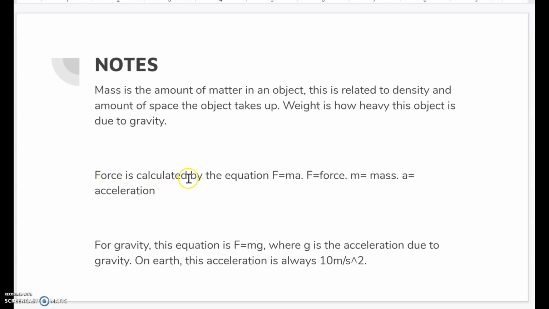Force is calculated by the equation F equals ma, F equals force, m equals mass, and a equals acceleration. For gravity, this equation is F equals mg, where g is the acceleration due to gravity. On Earth, this acceleration is always 10 meters per second squared, or you can just write it as 10. Quite often you can just write it as 10.